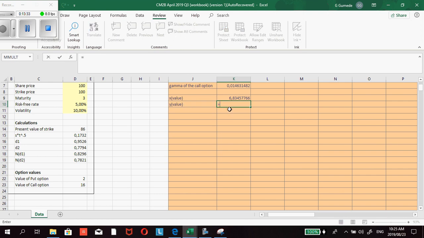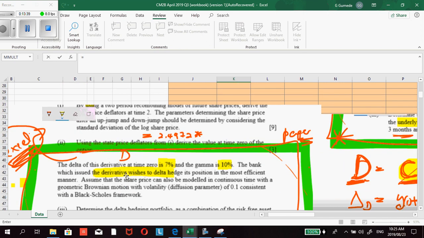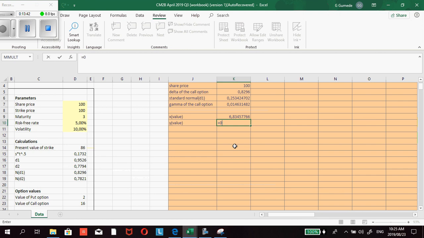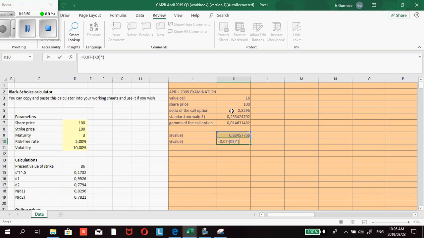That will be equal to the delta of this derivative, which the examiner told me is 7%, so 0.07, minus X multiplied by the delta of the call option, which is this value here. I'm going to close that bracket, press enter, and I am going to get negative 5.6.